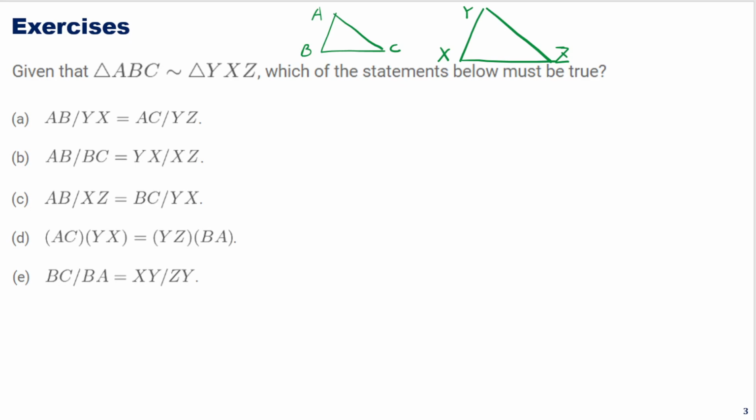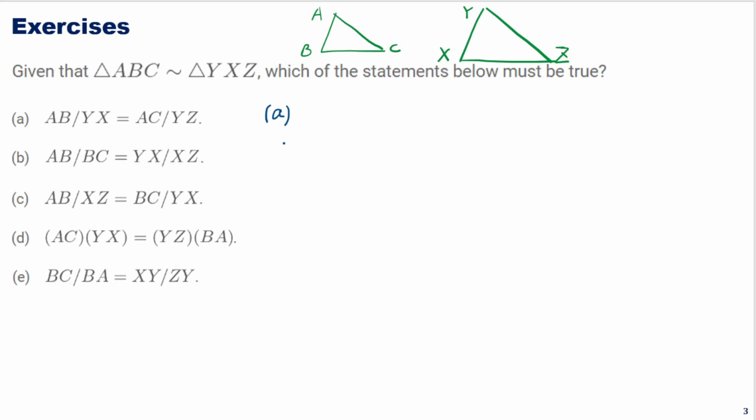All right, have you finished? Let's have a look at the solution. If triangle ABC is similar to triangle YXZ, we write the corresponding vertices in order, right? And similar triangles will have proportional sides.